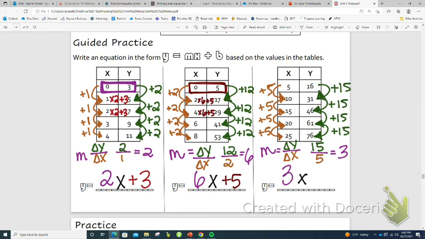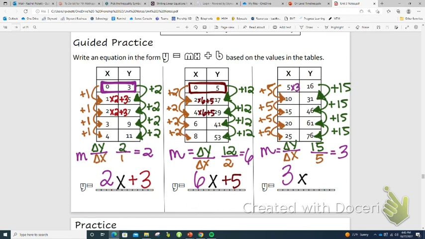We need to go back in, and this time it doesn't tell us x is 0. So we have to try to multiply and see what else we need to add. But we know we're going to be multiplying by 3. Well, 5 times 3 is 15.